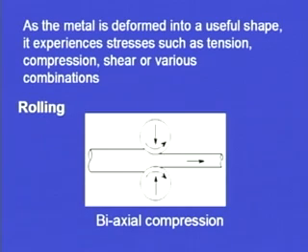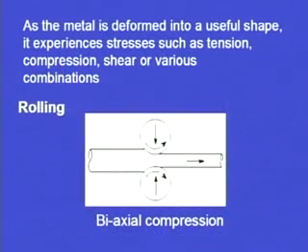The metal will undergo these states of stress under different types of operations. Now we will see what the different types of operations are and under what operation the metal undergoes what type of state of stress.